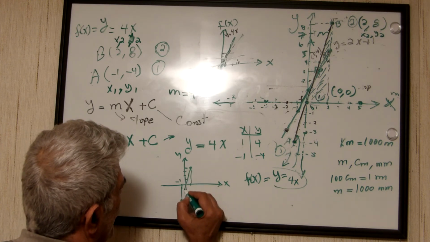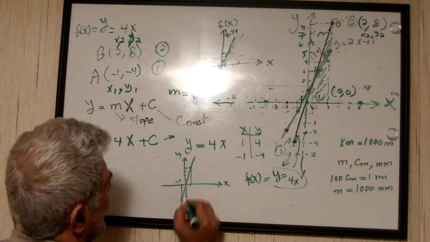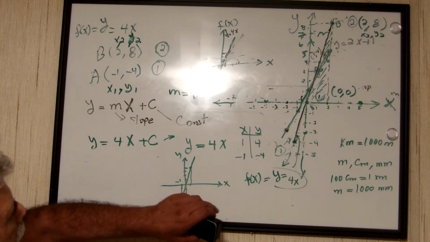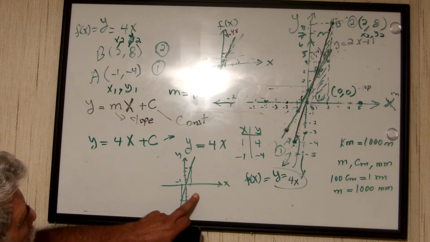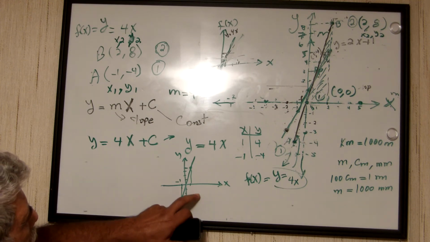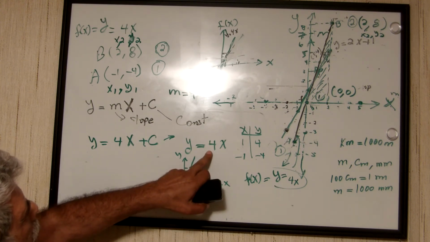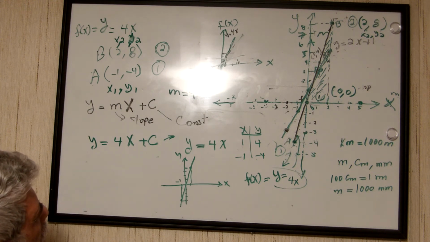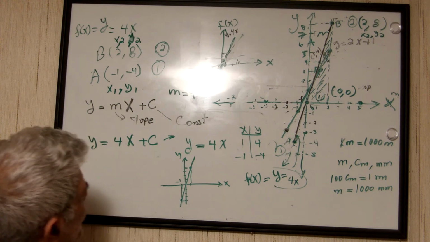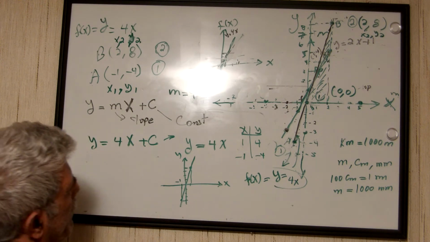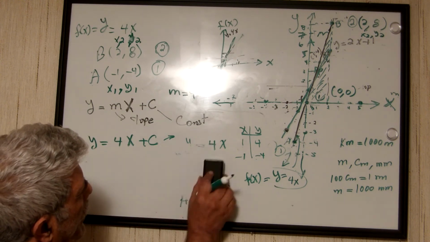And then when you connect this together, from this you can draw the graph. The graph of this function is y is equal to 4x. Okay.